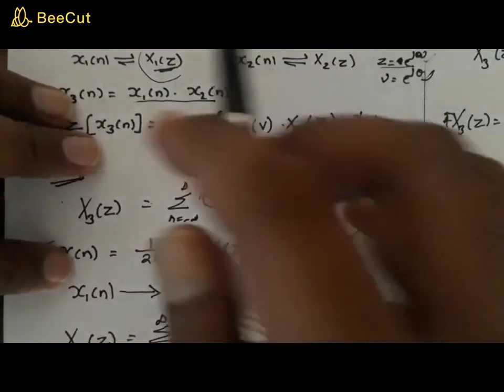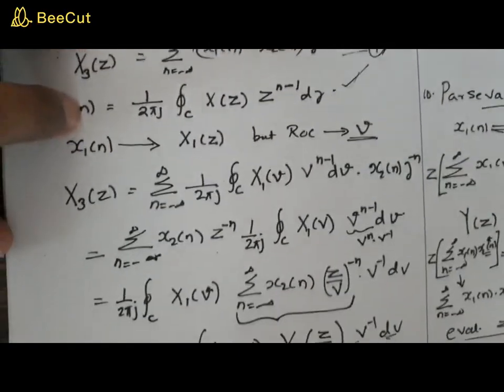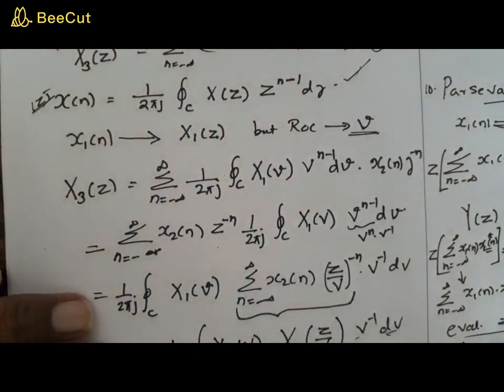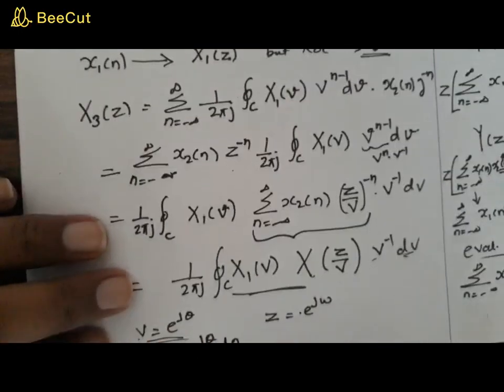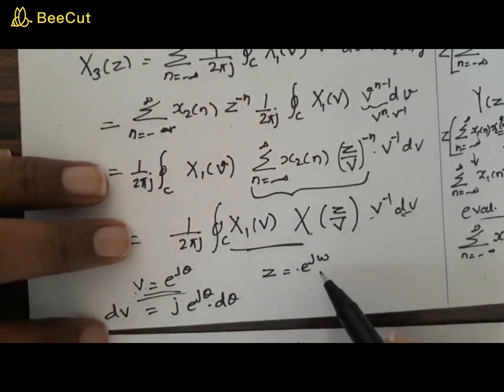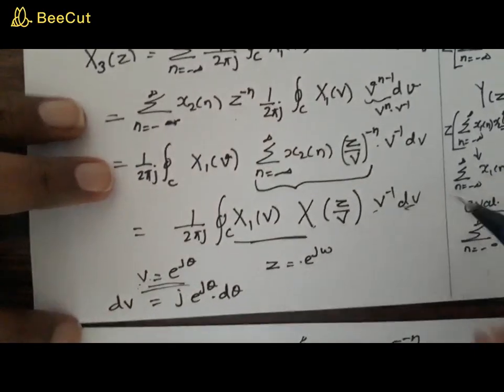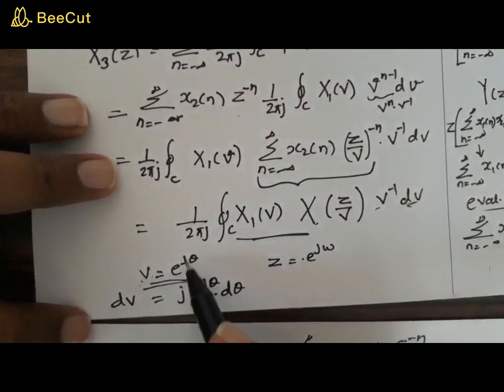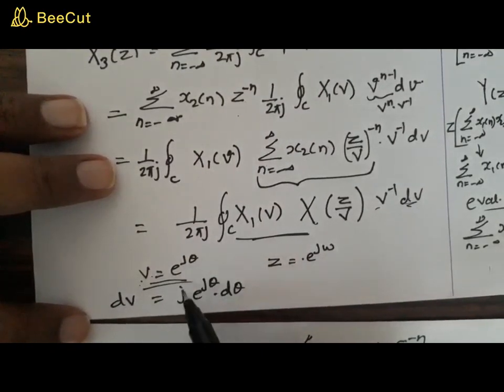Now why is this called a convolution? You are not getting a feel of convolution when you look at this. So what I am doing is, we have already defined v to be e raised to j theta and z to be e raised to j omega, and for this you can find dv. dv is nothing but differentiating this with respect to theta, so this becomes j e raised to j theta d theta.